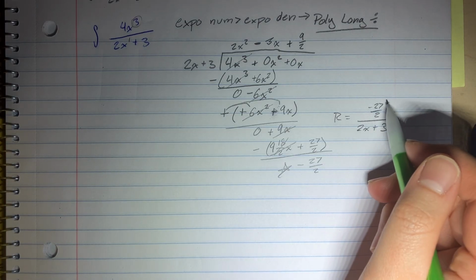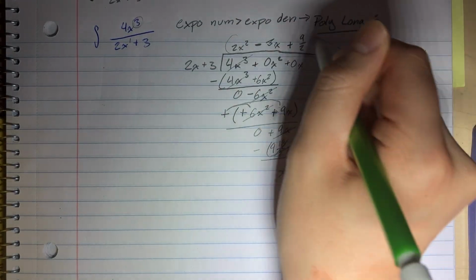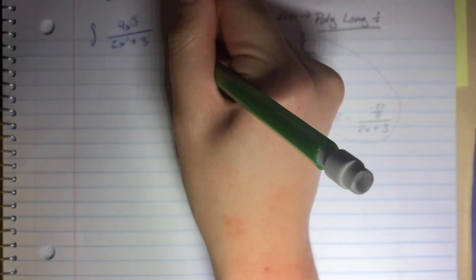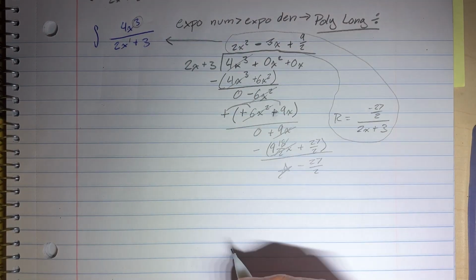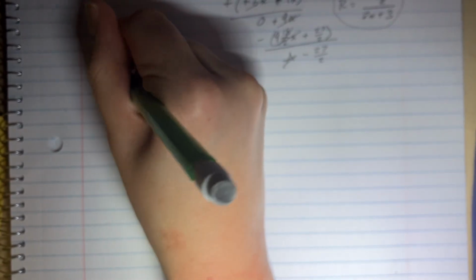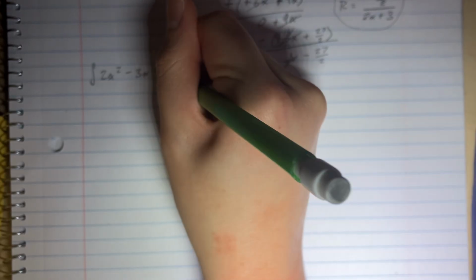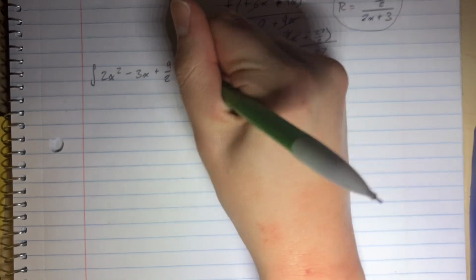Now we can plug in all of this into our antiderivative. So I'm going to write out, push this back up, the antiderivative of 2x squared minus 3x plus 9 divided by 2, or it's actually a negative.